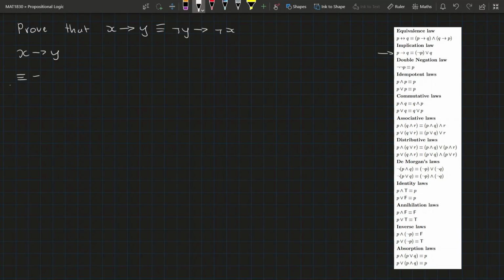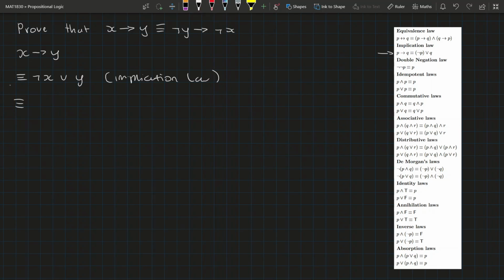So it'll be not X or Y. And since the X is on the opposite side, we can actually move the X to the other side.